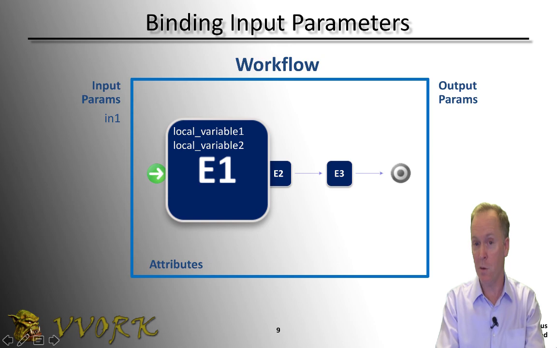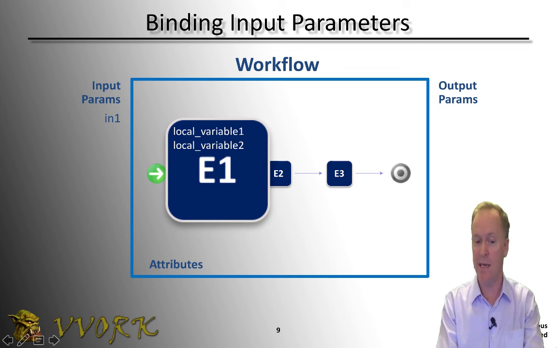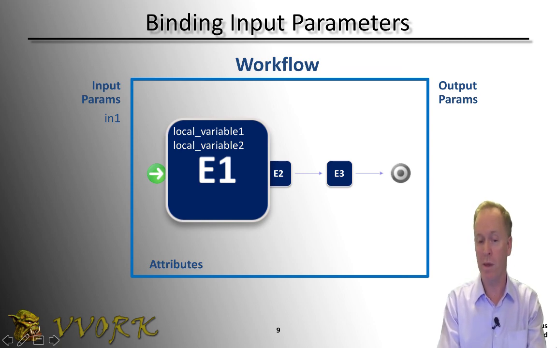Now I chose those names for those variables to drive home a point, which is that variables within schema elements are local to the schema elements, which is a fancy way of saying that if you're outside of the schema element, you cannot possibly see what's going on with these two local variables. So local variables, variables that are defined inside your schema elements, are just local variables. They have no relationship to anything outside of the schema element.